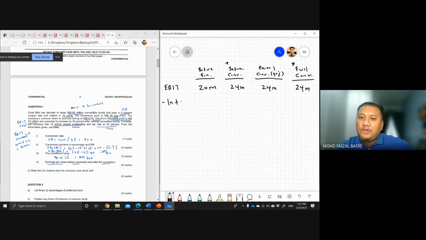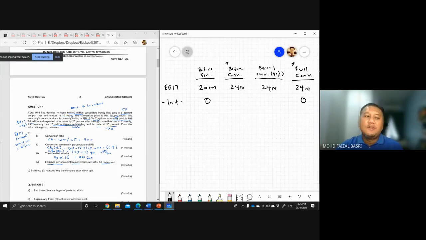Before financing and full conversion, we don't have bondholders. Ni sebelum issuance, obviously zero interest. And after full conversion, we don't have bondholders anymore, so we don't have interest juga kat sini. But for the middle ones, we have full payment of interest with partial based on remaining.